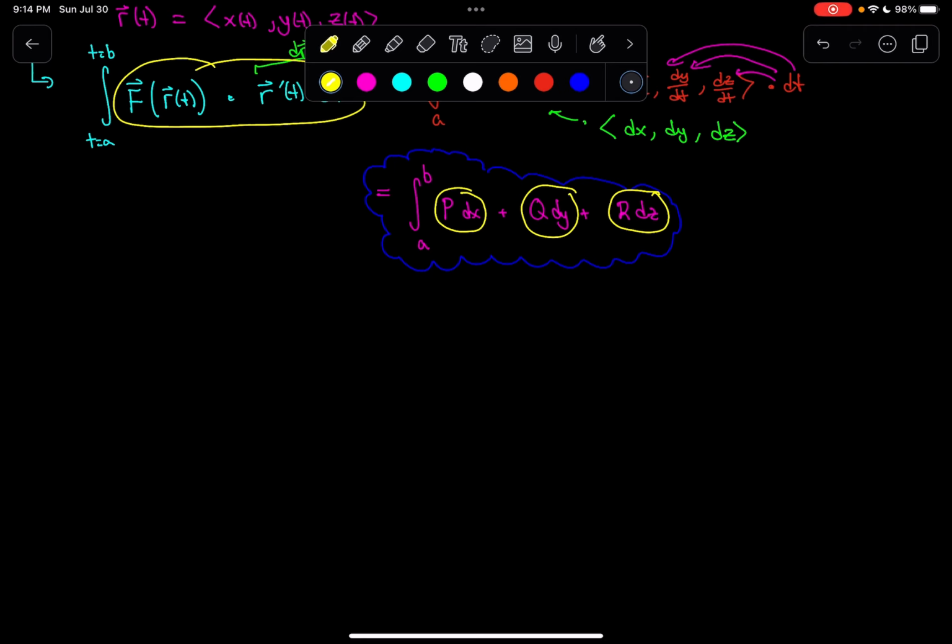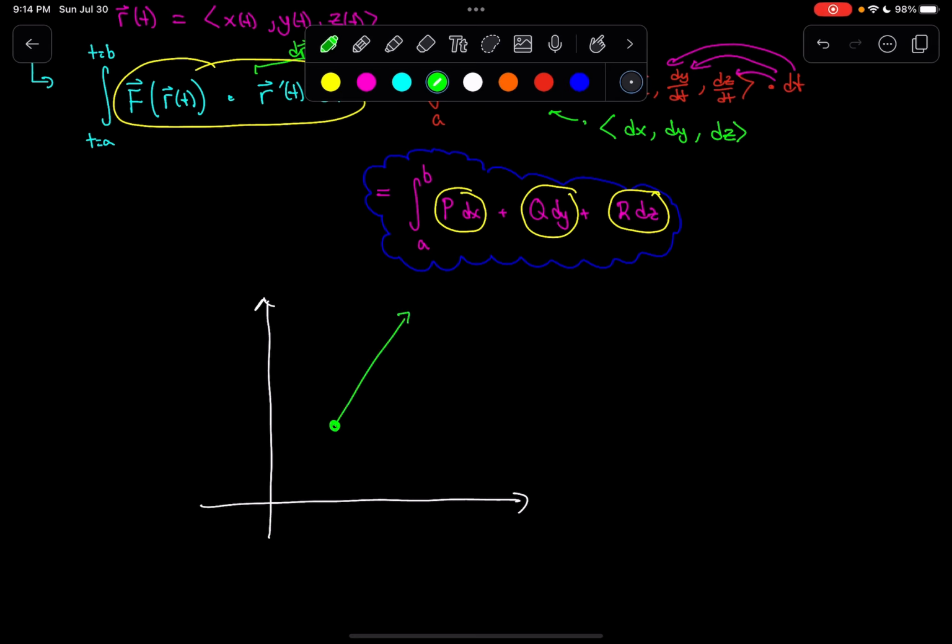And so maybe I'll try and give a drawing that gives an intuitive explanation for why this might be. Maybe I'll just do it in 2 dimensions though. Let's imagine that at this point here, our vector field is going there, okay? And our path is doing this, okay?